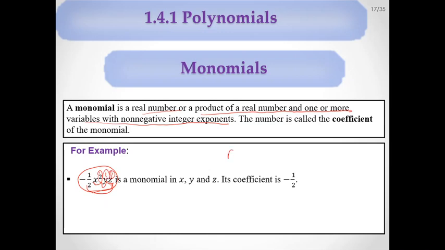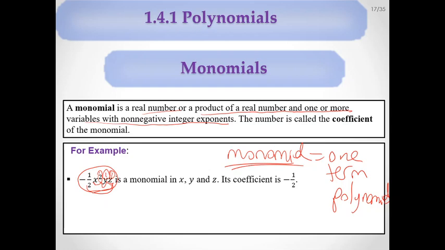So you can take the monomial as a one-term polynomial. So there is only one term in the polynomial. So this is called a monomial. And the real number in front is called the coefficient of the monomial.